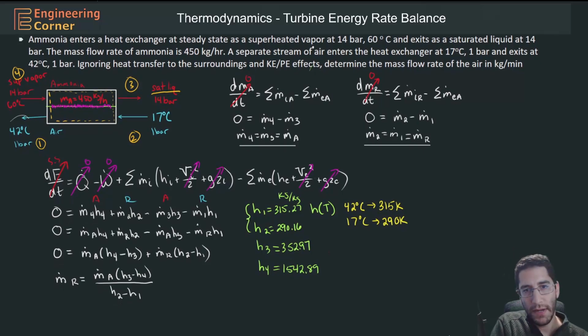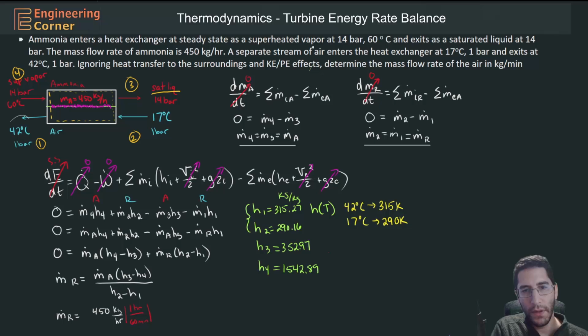Let me write down what we have. M dot R is equal to our flow rate, which is 450 kilograms per hour. We were asked for kilograms per minute, so we'll say 1 hour is 60 minutes.